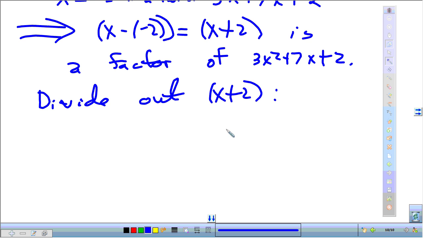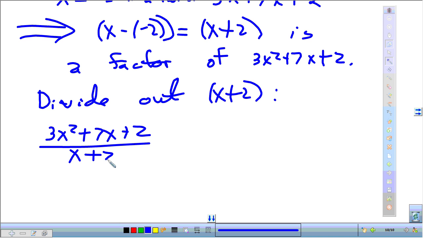We could do that in different ways. We could attempt to factor and cancel the common factor. We could do long division. In this case, for an illustration, I'm going to do synthetic division.